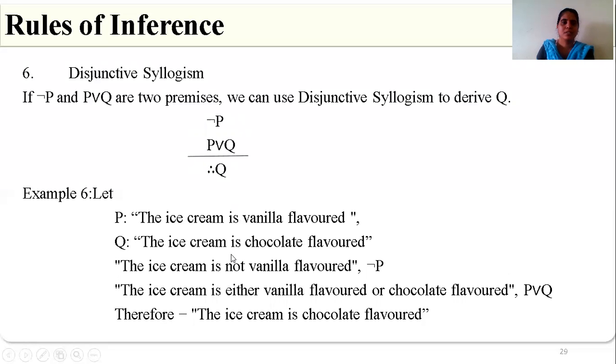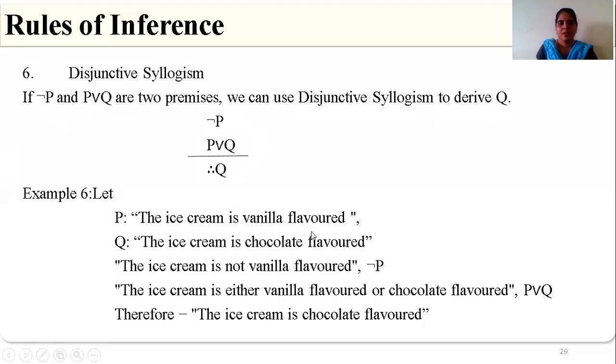The sixth one, disjunctive syllogism. According to this, if negation of P and P or Q are the two premises, then we can use disjunctive syllogism to derive Q. This is the symbol for disjunctive syllogism, and this is an example.